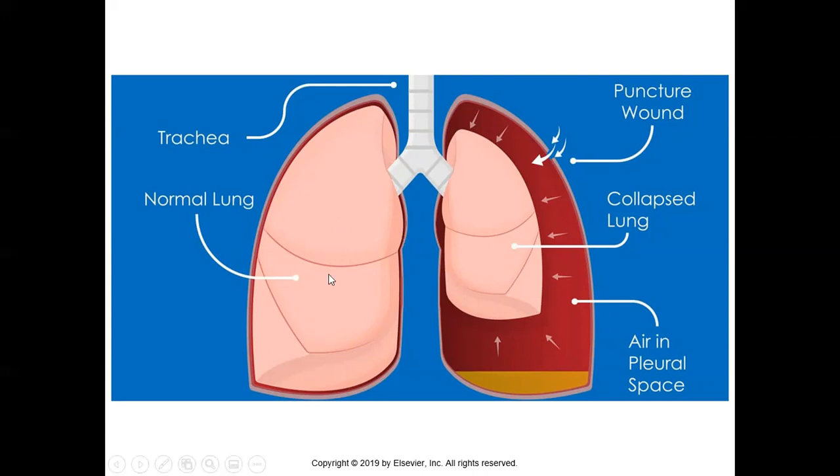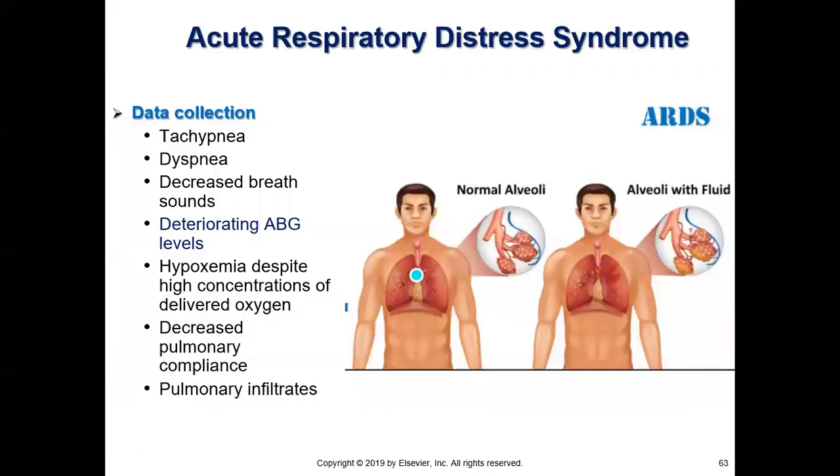When this lung expands but this one does not, it is not symmetrical inspiration and expiration. It is called paradoxical respiration. So you see air in the pleural space, and this lung is collapsed, and this is called a puncture wound and develops acute respiratory distress syndrome.